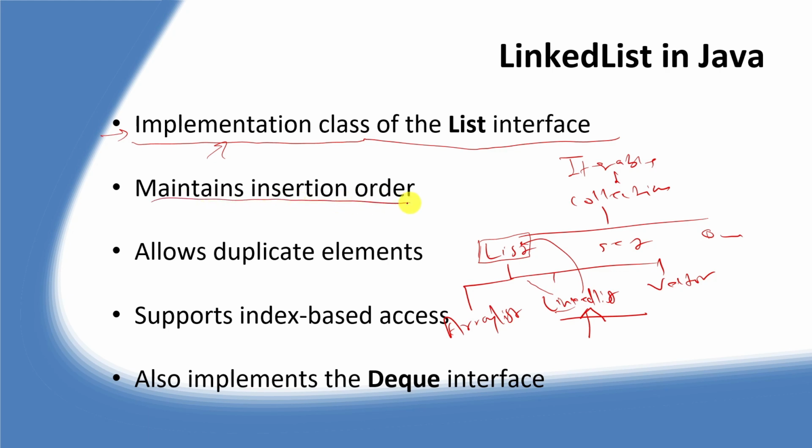It will maintain insertion order. That means it will remember the order of insertion. It allows duplicate elements. We can insert duplicate elements in the linked list. It supports index-based operations. And it also implements the Deque interface.